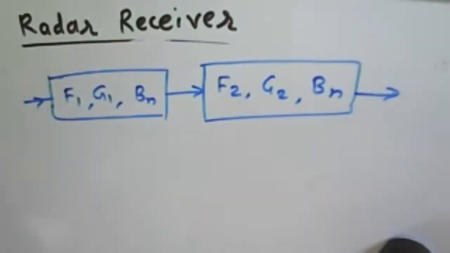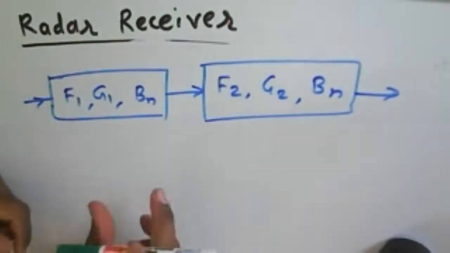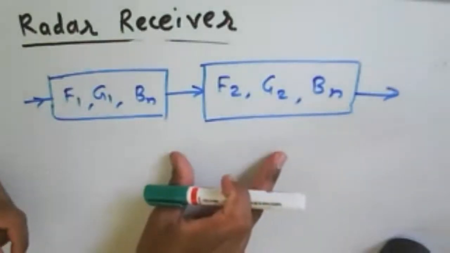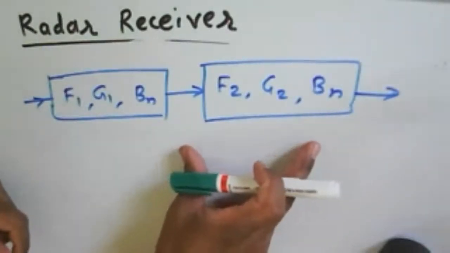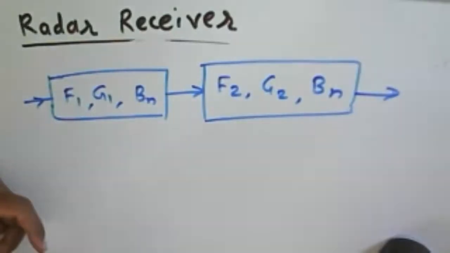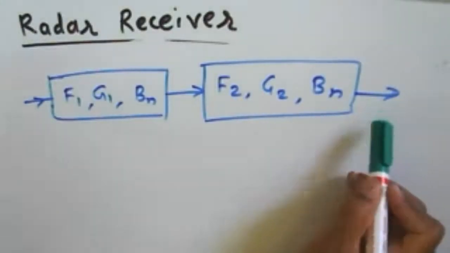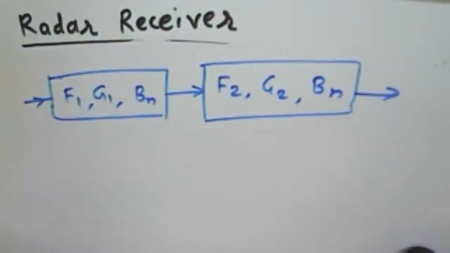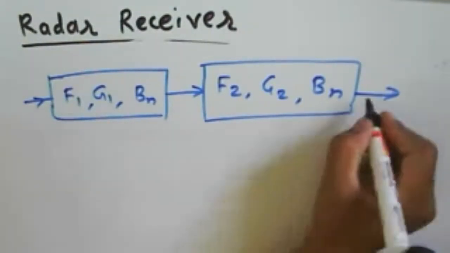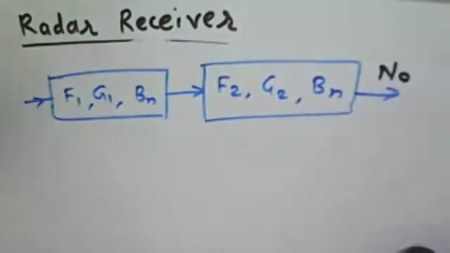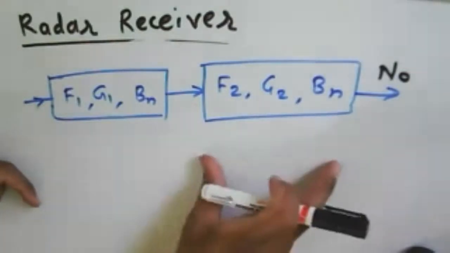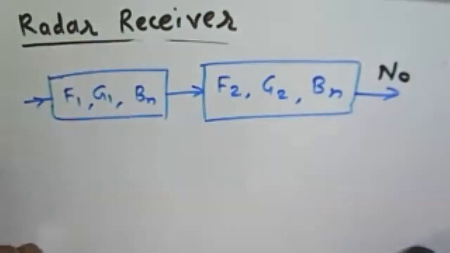Our aim is to find the overall noise figure of these two circuits in cascade. So the output at this particular device gives the overall noise. N0 is nothing but the output noise of these two circuits in cascade.